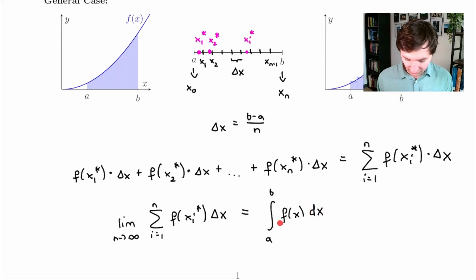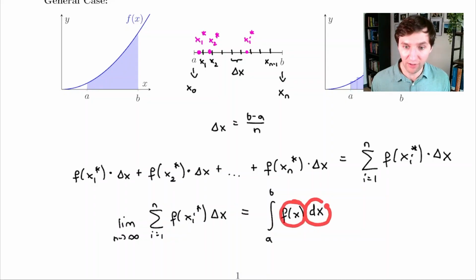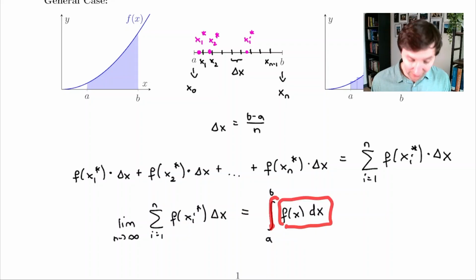This expression, f of x dx, reminds me that while computing areas under graphs of functions, I multiply the height of each rectangle, given by the value of the function at the sample point, by the width of each rectangle. This expression, f of x dx, reminds me of the area of one approximating rectangle. The integral tells me to add all such areas between a and b.